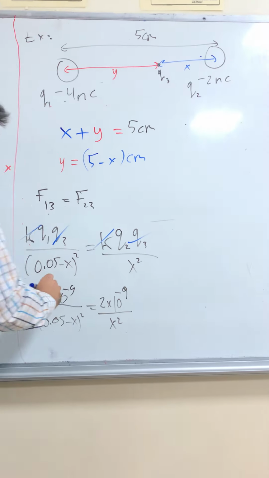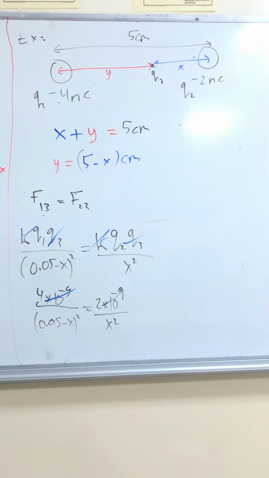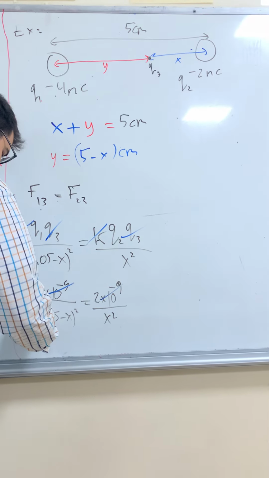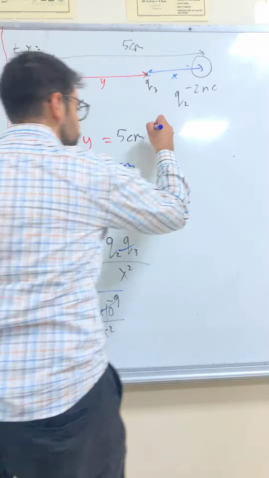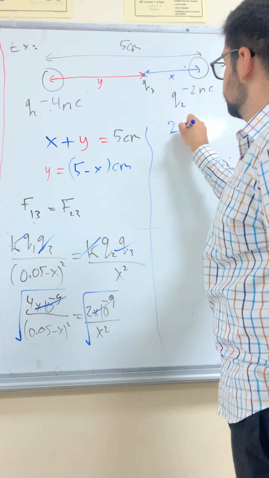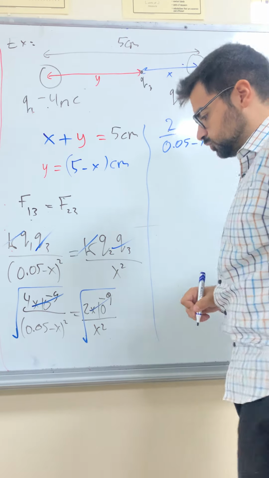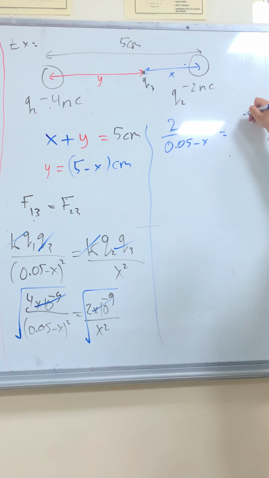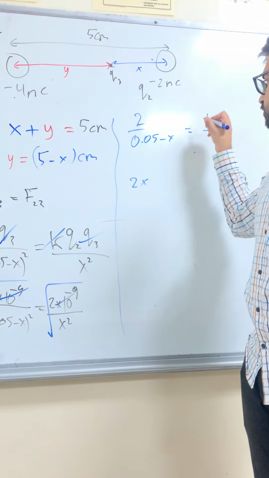While doing the square root, we also cancel times 10 power minus 9. So square root both sides. Square root of 4, which is 2, over 0.05 minus x is equal to square root of 2, which is 1.41 over x. So we cross multiply.